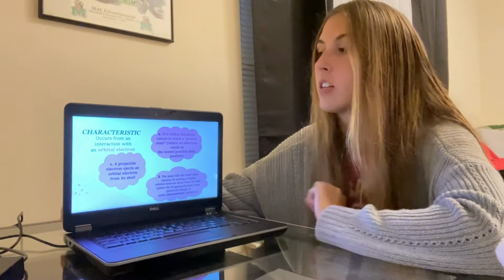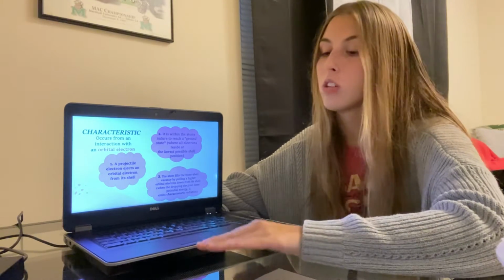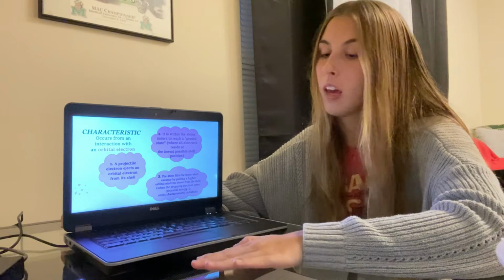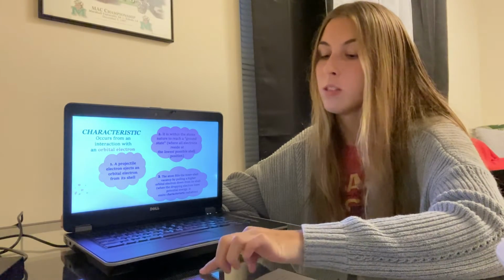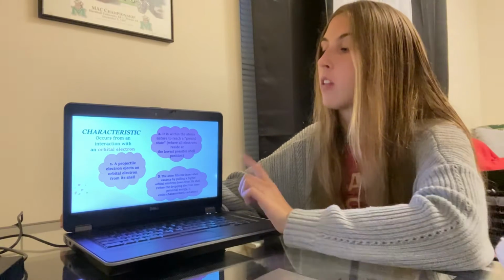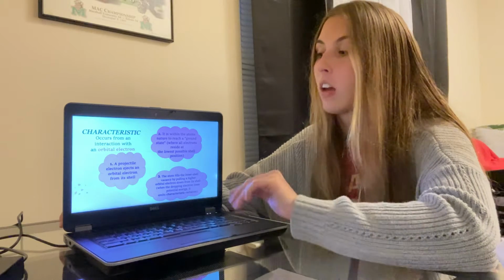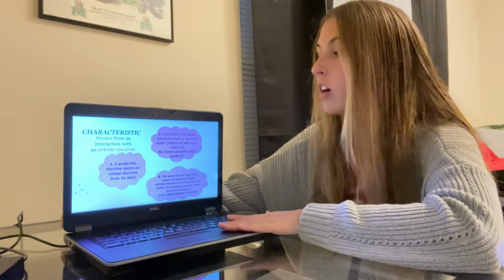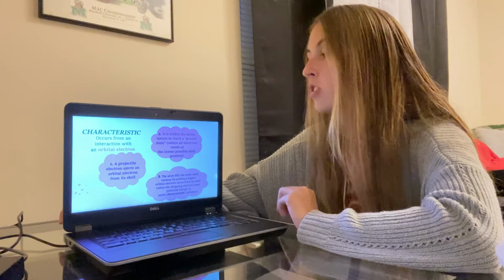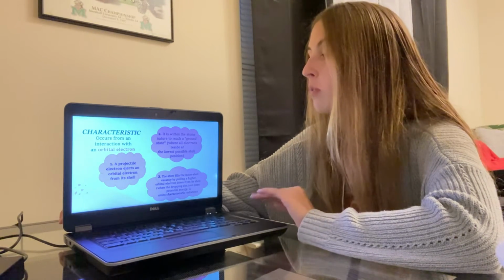Next is characteristic. It occurs from an interaction with an orbital electron. So just like how bremsstrahlung began, an electron is emitted from the cathode into the anode end, and from there it is projected. And when this interaction occurs, it's from that projectile electron hitting an orbital electron in a shell. It is within the atom's nature to reach a ground state where all electrons reside at the lowest possible shell position.